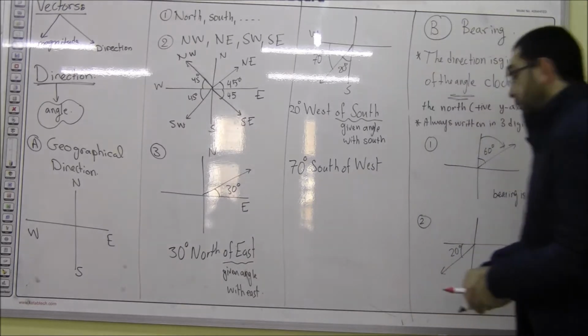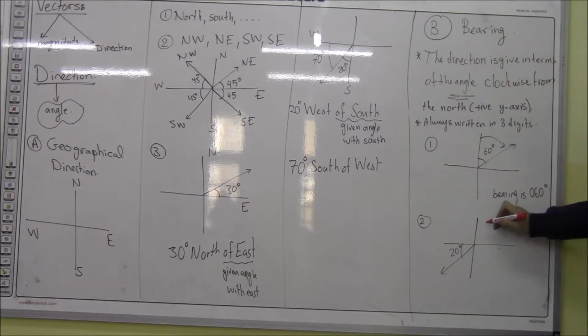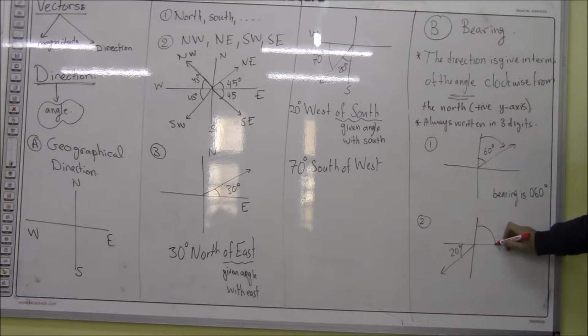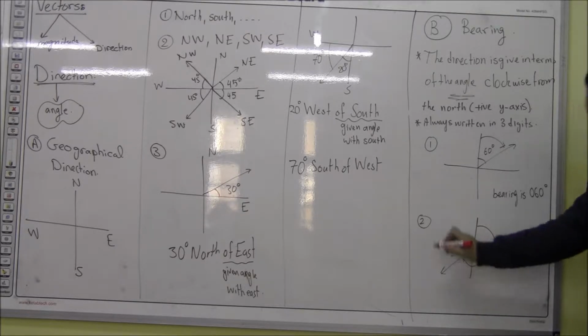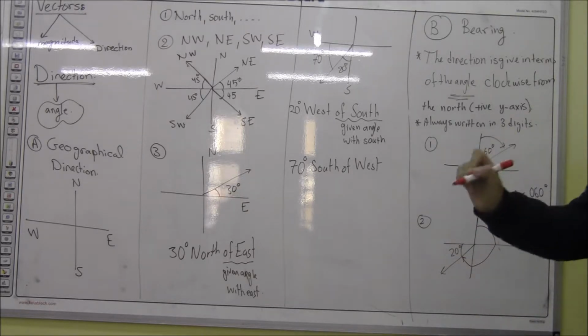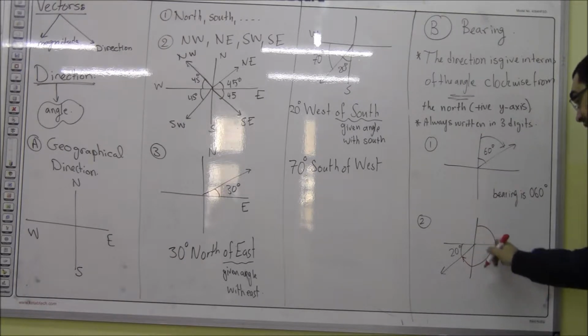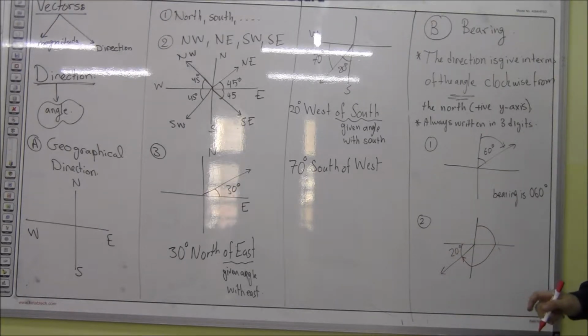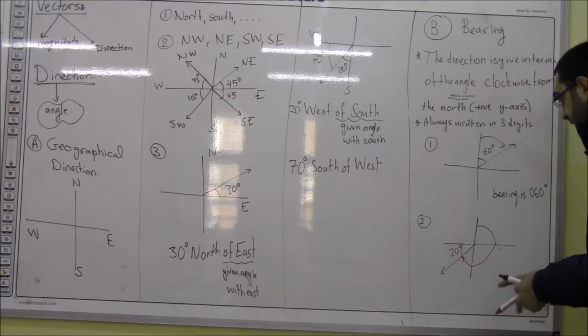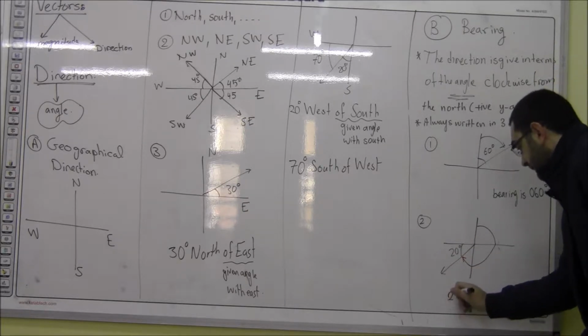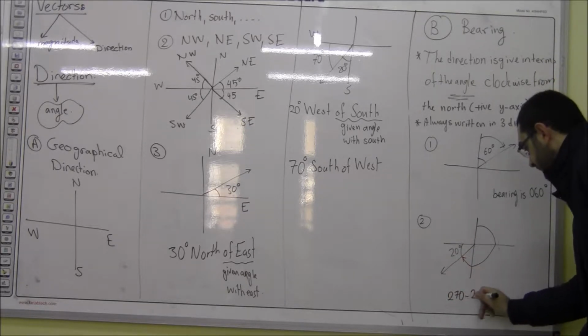What do we have now? Look, guys. This is the bearing: 90, then 180. This is the bearing from the north, clockwise. The bearing here is 270 minus 20.